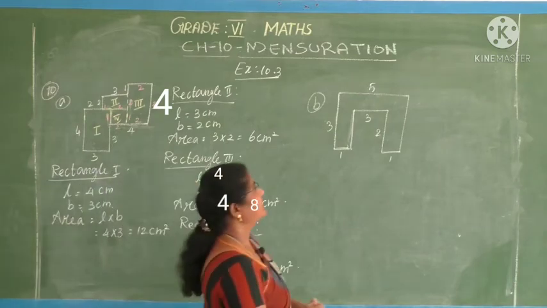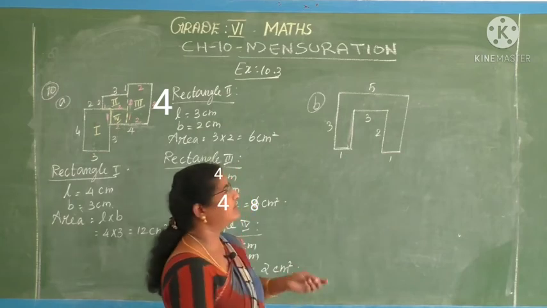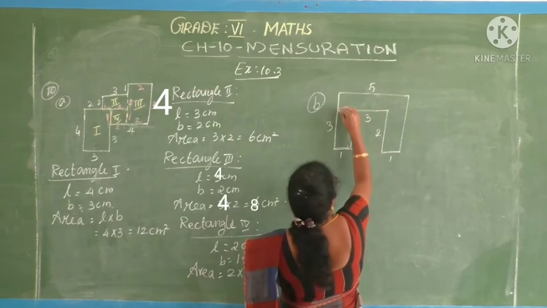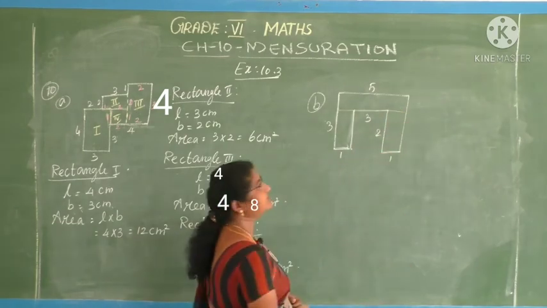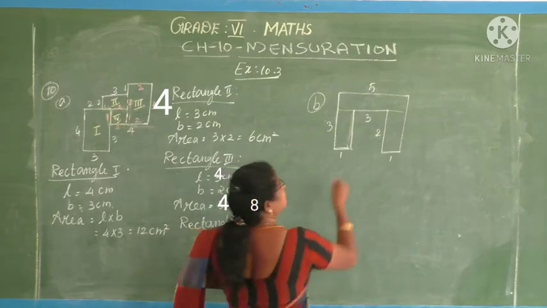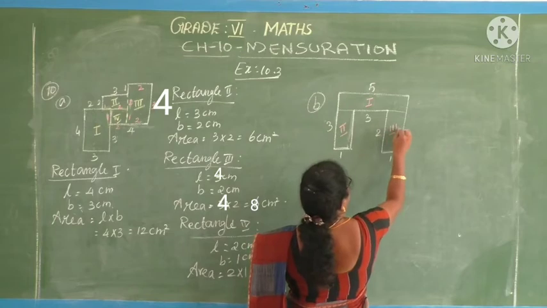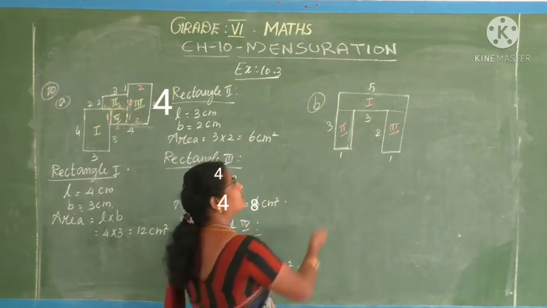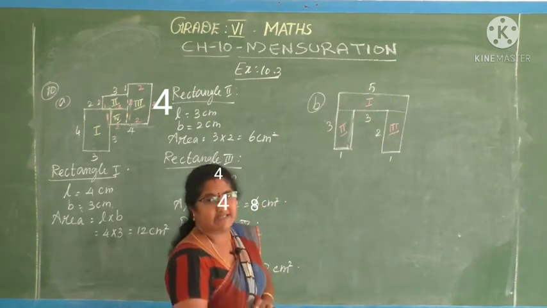See, the diagram they gave is this one. So we can split it into straight rectangles. So this is the first rectangle, second rectangle, third rectangle. Very easy. Or we can draw straight lines to make 2 rectangles.